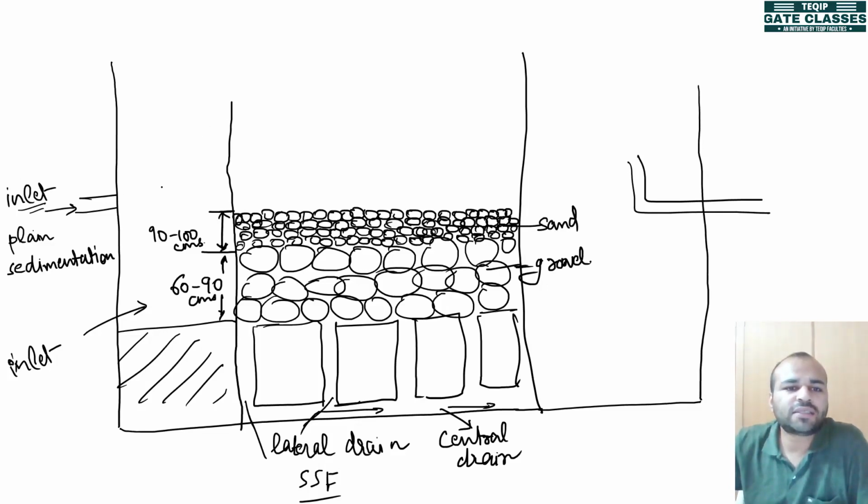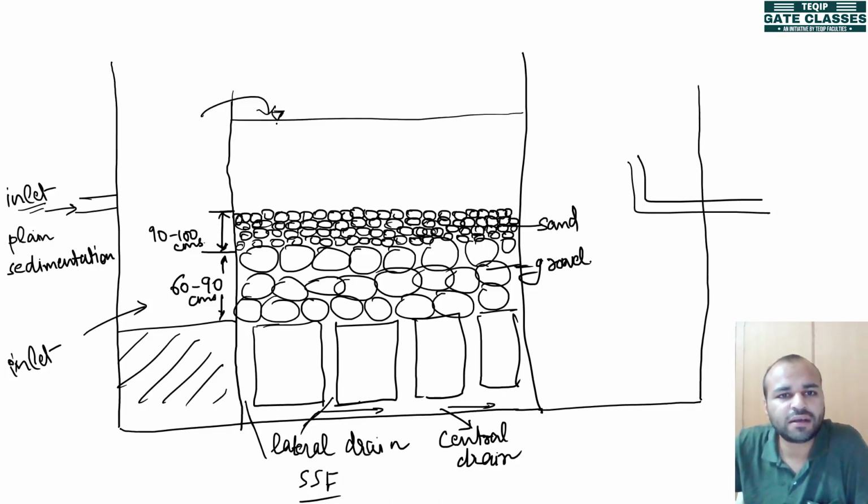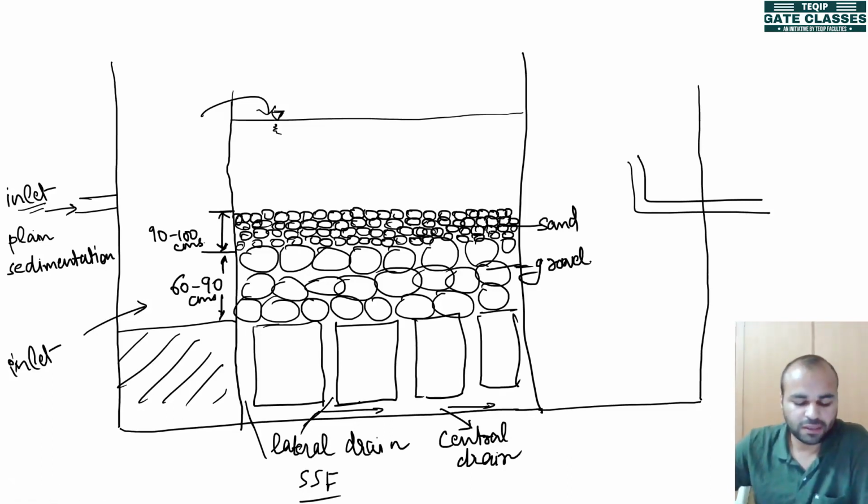Now as the water fills in, it will enter into this filter medium and it will develop a head, and as the water starts flowing, it will also develop a thin layer of Schmutzdecke over this filter medium. Okay, now in this right hand side tank, the water that has been filtered is collected through the lateral drains and eventually flows to the central drain.